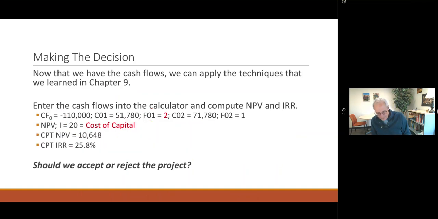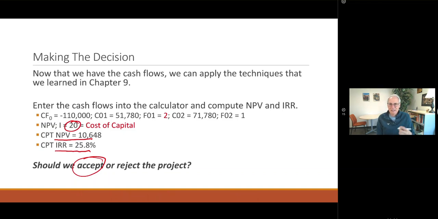And here we go. You should have gotten an NPV of a little over $10,000. So should we accept? Well, if the NPV is greater than 0, we should accept. Is the IRR a good number? This is saying the internal rate of return, how much this project is generating, is almost 26%. And what's our hurdle rate? 20%.